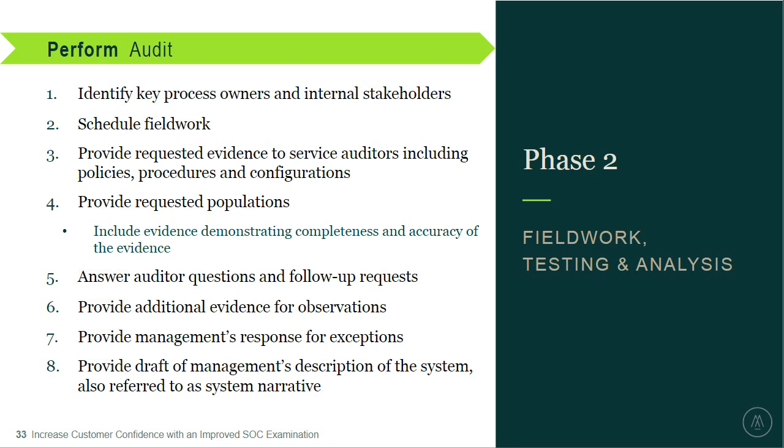During field work, the first step is to identify who the key business process owners are. You schedule the field work. You will provide the PBC listing or DRL listing. These are the request lists for evidence. The service auditor will then request certain control populations, and there's a concept out there called completeness and accuracy.